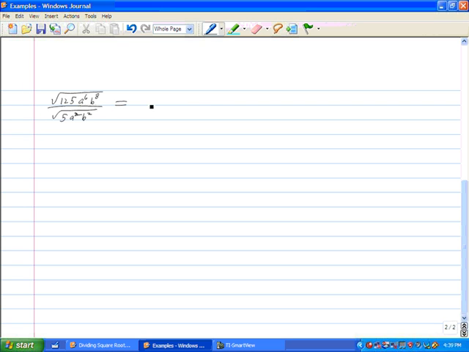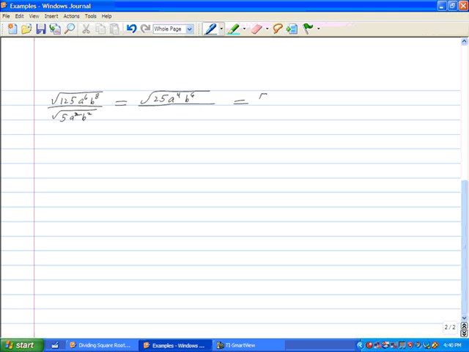Okay? And again, let's see if there's anything that can be simplified here. 125 is not a perfect square, neither is 5, so I'm going to reduce that fraction. 125 divided by 5 is a 25, and it's still underneath the square root because I haven't taken any square roots. A to the 6th over a squared is an a to the 4th. B to the 8th over b squared is a b to the 6th. And no denominator here because everything canceled.